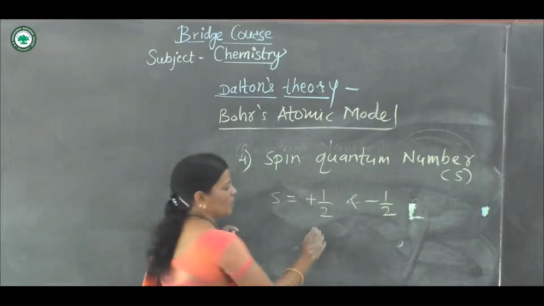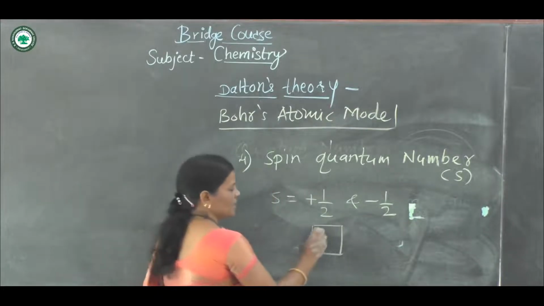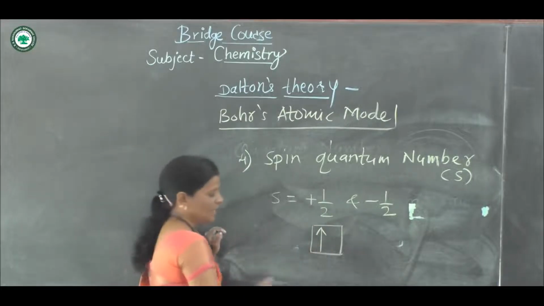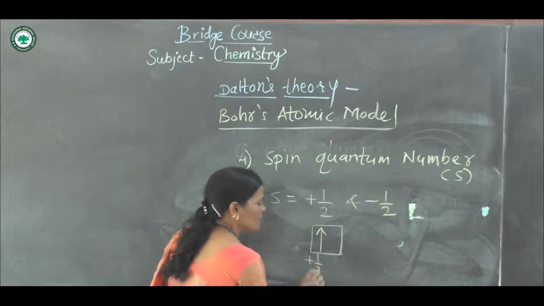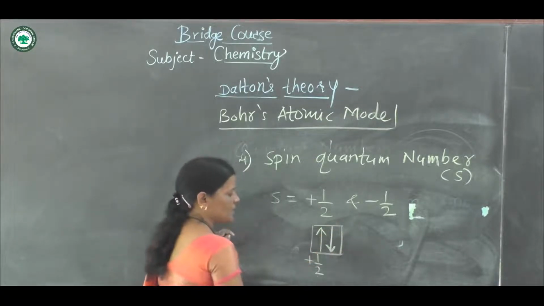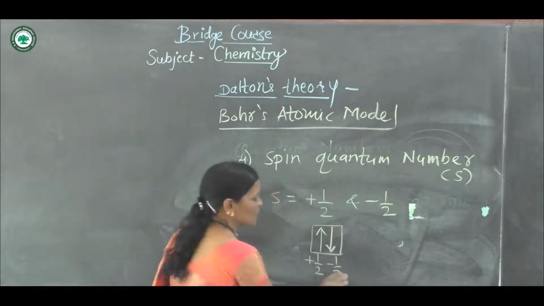When electrons are shown in the box diagram, if one electron is pointing in the upward direction, its value is plus half, and the second electron in the same orbital pointing in the downward direction has value minus half.